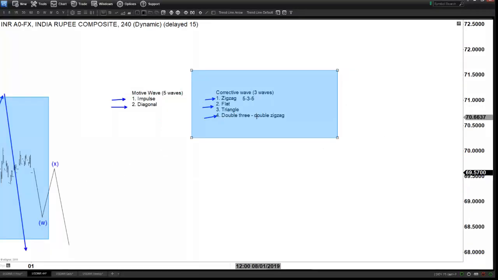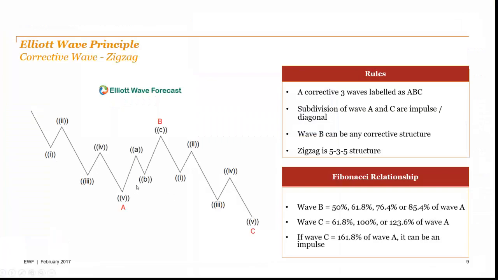You can call this B subdivision a 3-wave zigzag, another ABC zigzag in the lower degree. But technically speaking, it can be any corrective structure. So if you go back again to the idea of how many corrective structures there are, that means the subdivision can be a zigzag, a flat, or a double 3 as well. So that's what it means.